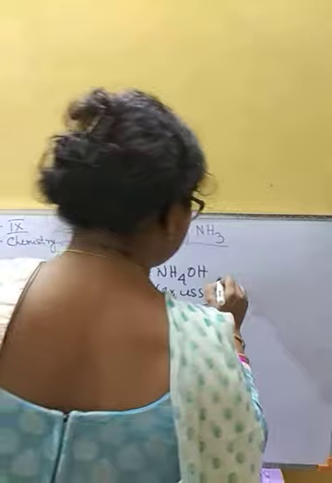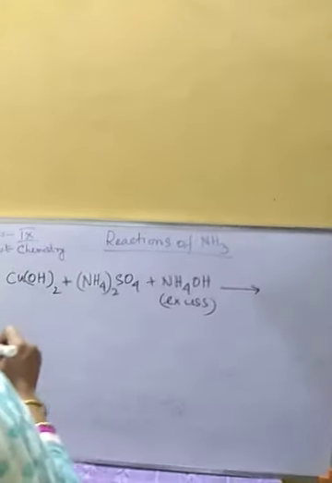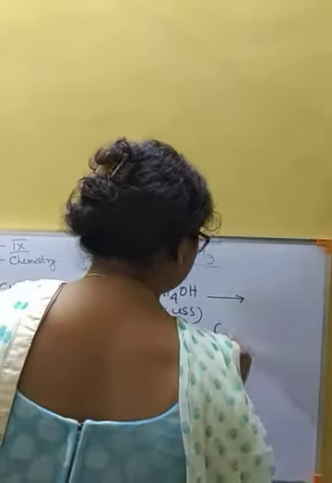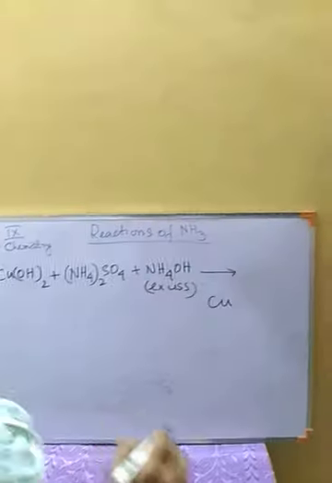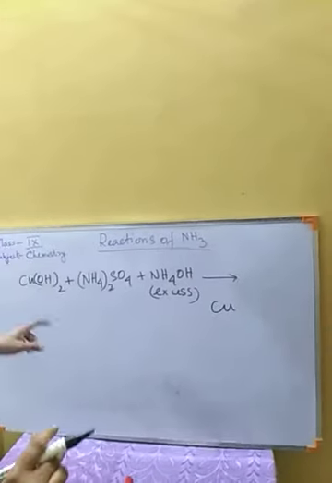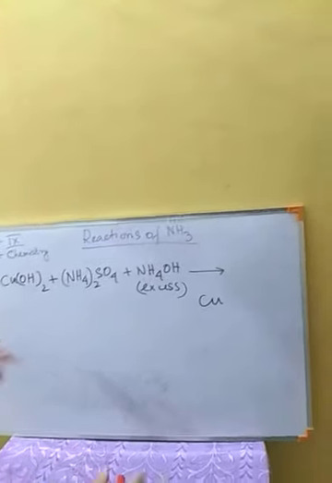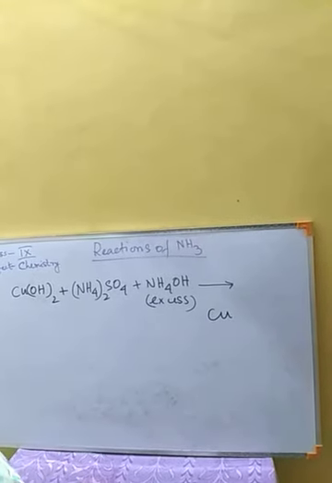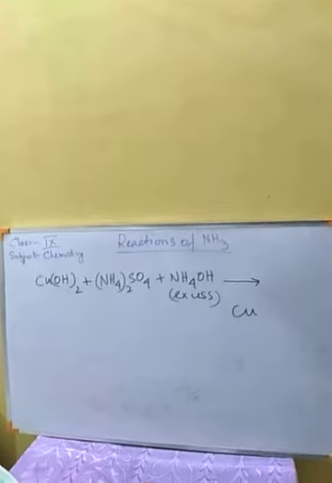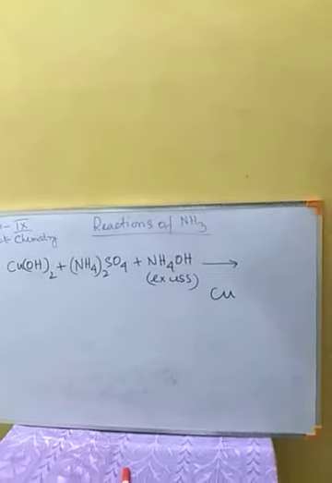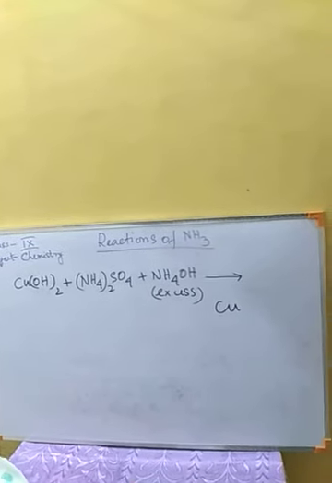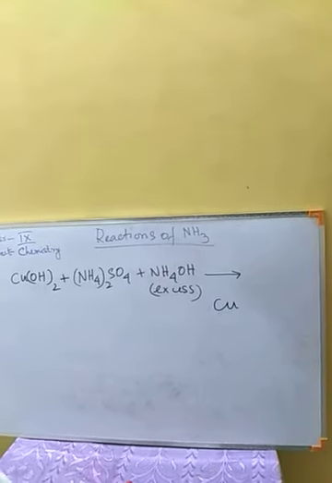If we do this, what are we going to get? We will get a deep blue coloration. Here this was a precipitation, but here we are getting a coloration, a clear solution. No precipitation will be there, but the color of the solution is deep blue or dark blue, we will say.